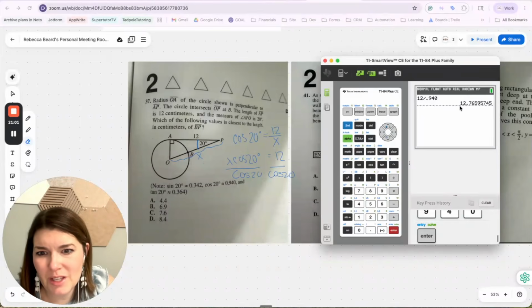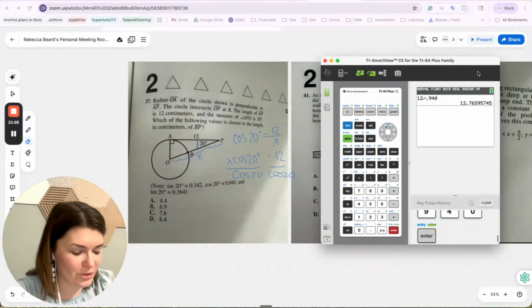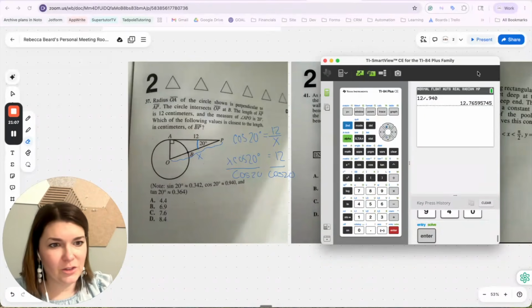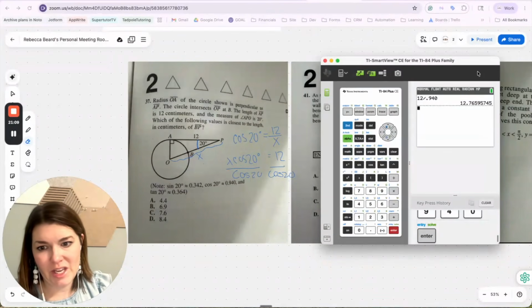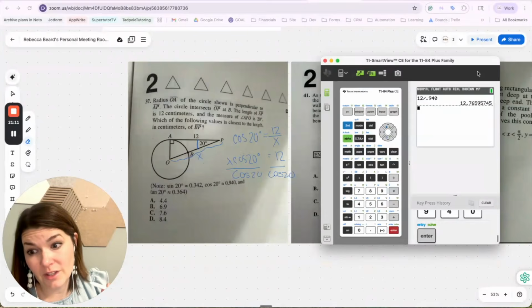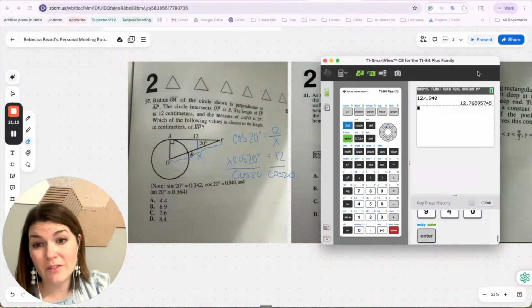It's so trippy because it's not much different than 12, which kind of threw me off the first time I saw it. So it's about 12.76. And you can guesstimate if you needed to at this point what BP is.